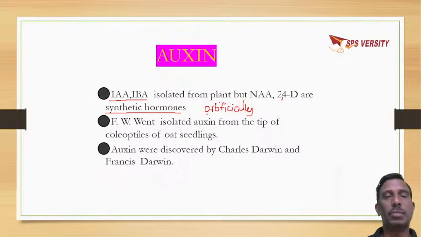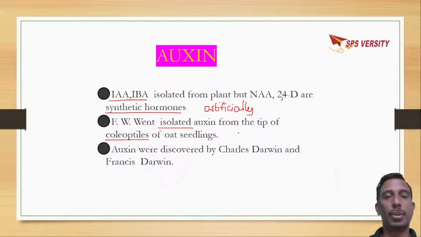पहले auxins were isolated from plants, that is by F.W. Went. And he isolated them from the tip of coleoptiles. Coleoptile means the protective covering of plumule.